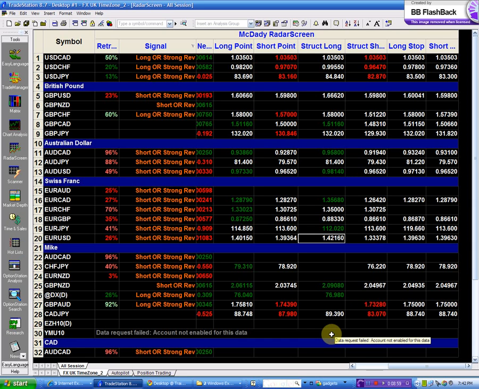If I'm going to go short, I'm going to go short below 139.36, and if I do, then I'm placing my stop above 139.63, and my structural short is the 133.78 to the downside. Okay, that is the euro dollar.